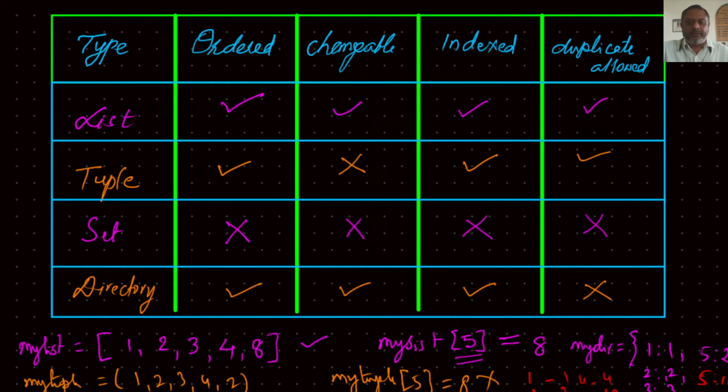In the same way, if you try to modify the size by saying append 55, again an error is raised saying that append is not supported in tuples. So tuples don't support append, tuples don't support assignment.